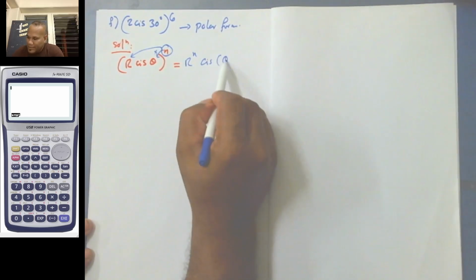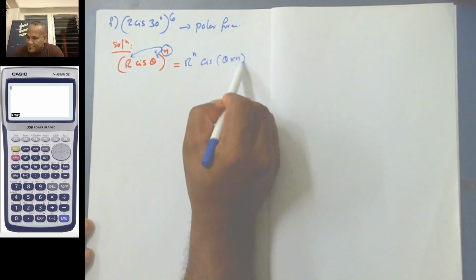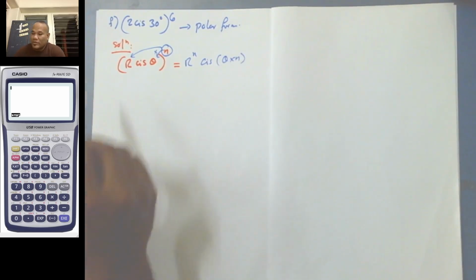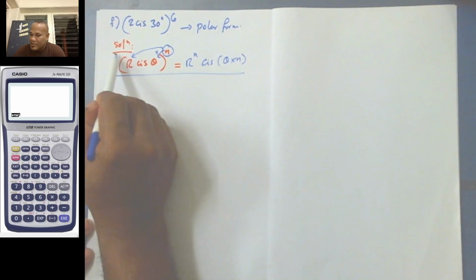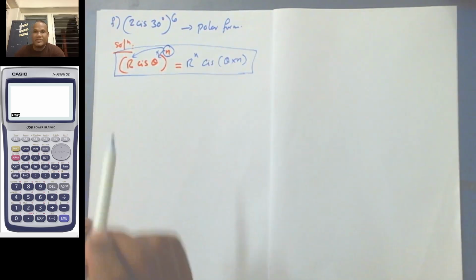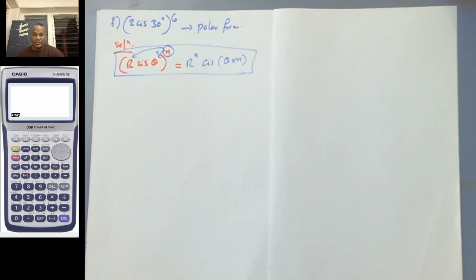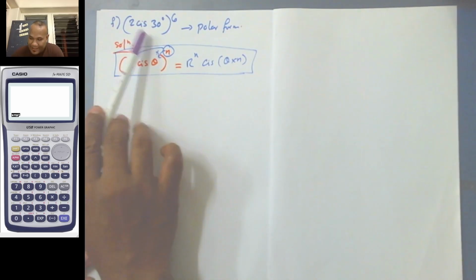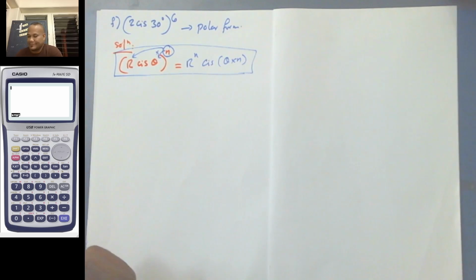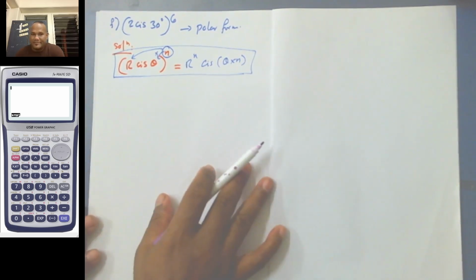So that would be theta times n. This is what we call De Moivre's theorem. According to the theorem, that's what we're going to do if we come across situations like this. Now let's solve them.